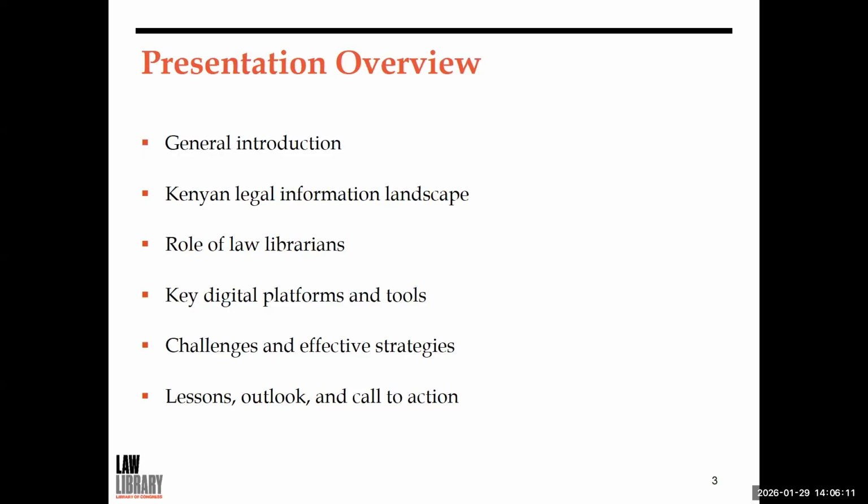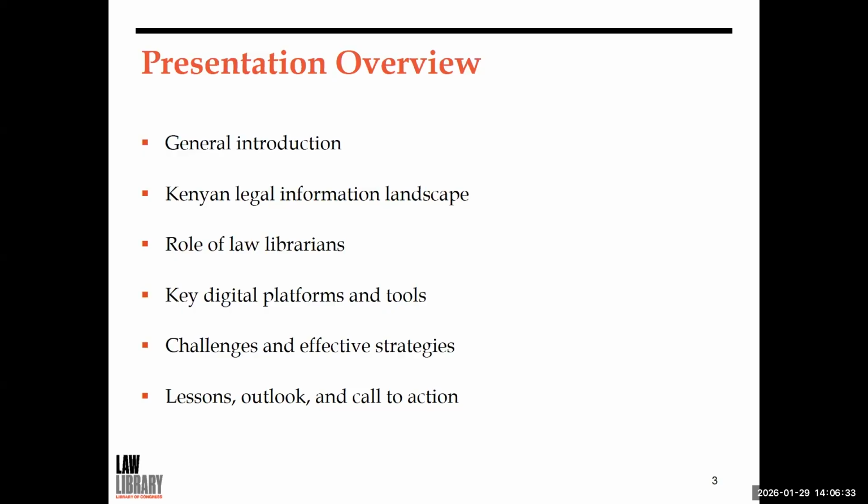The Kenyan legal information landscape is dynamic and evolving. It's shaped by constitutional values and technological advancement, in that now you'll see that people prefer e-resources to print, but again, it depends on individuals.